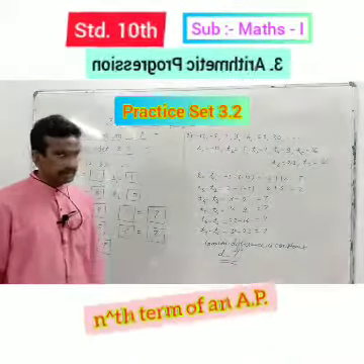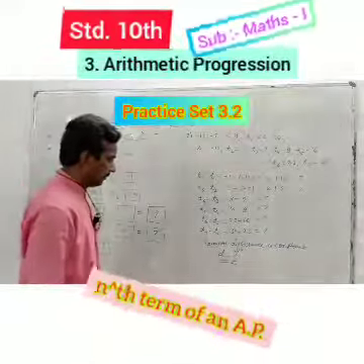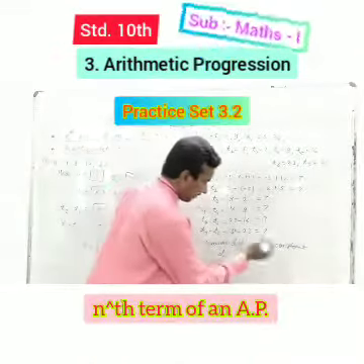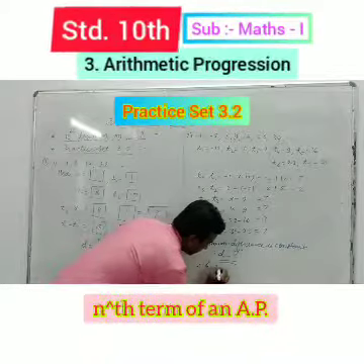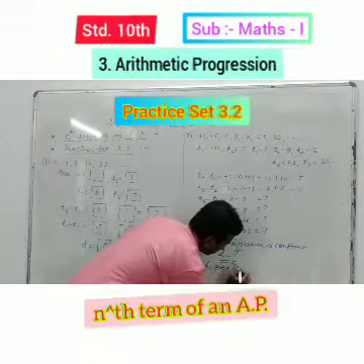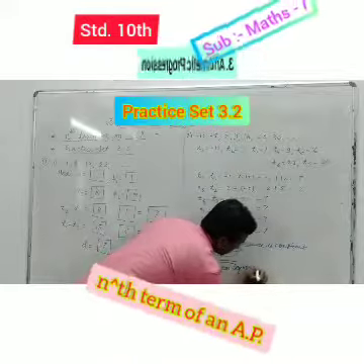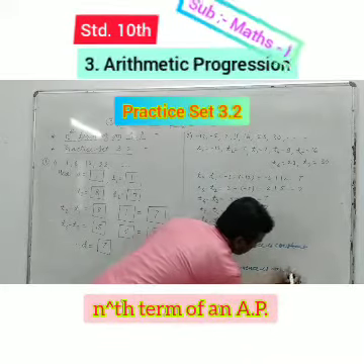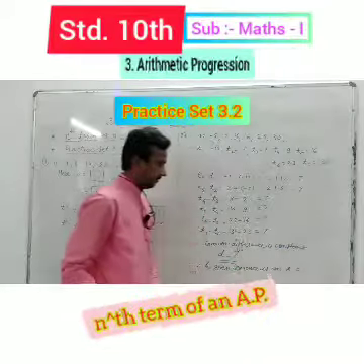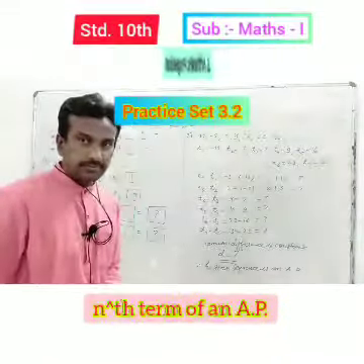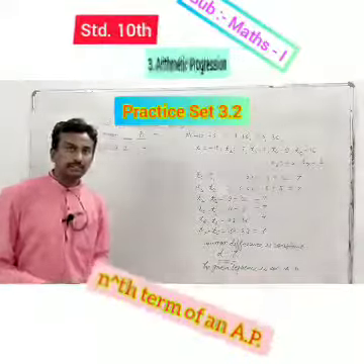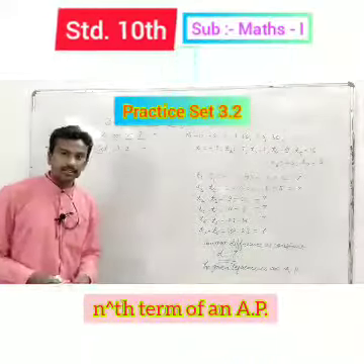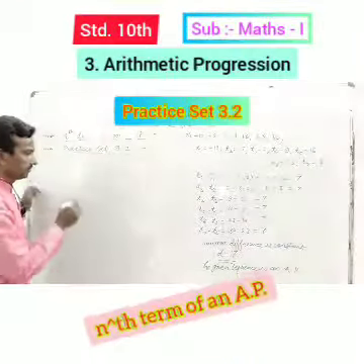Now find the 20th term of the AP. If the common difference is constant, then we can say the given sequence is an AP. If the given sequence is an AP, then find its 20th term.